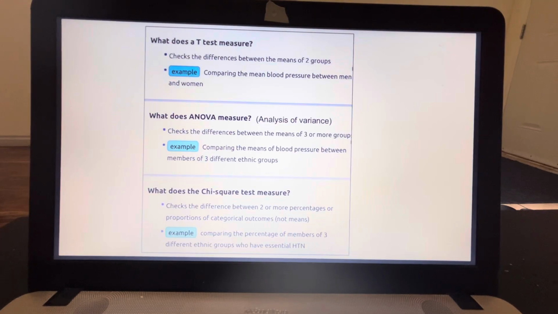So then we have the next thing, the tests. What does a t-test mean? If you're checking the means of two groups, then it is a t-test. And if a question gives two groups and then we add another, it will be ANOVA for three or more means or groups. Then we have the chi-square test, that is for comparing two or more percentages or proportions, not means. Comparing the percentages of members of three different ethnic groups is a chi-square test.